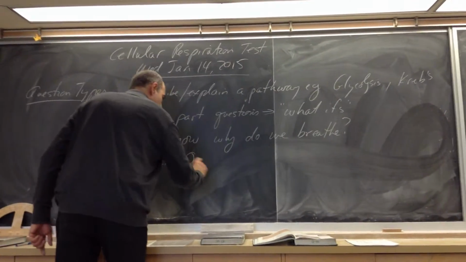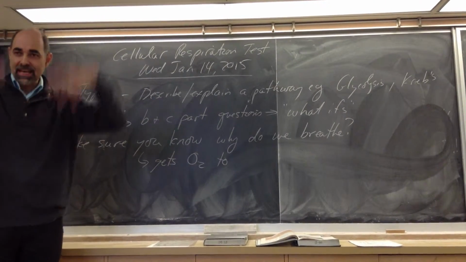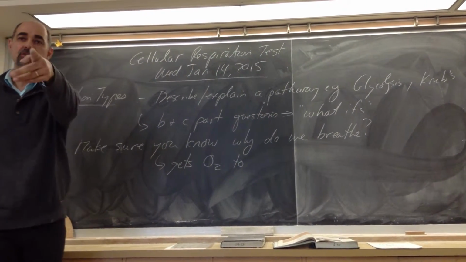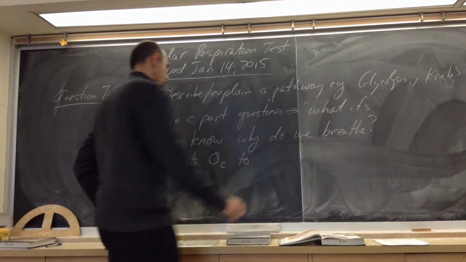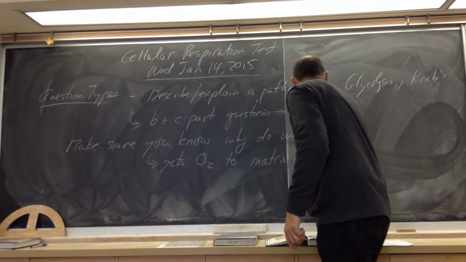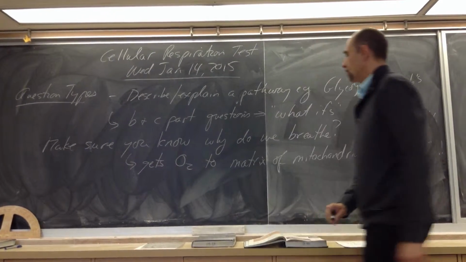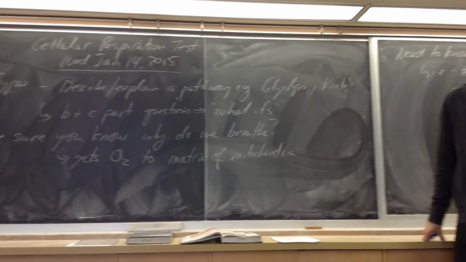Air to the lungs. The lungs are the thing to get it in and out. Where is that oxygen got to get to? Electron transport chain. Good. And specifically, it's sitting in the matrix of the mitochondria. Gets O2 to the matrix of the mitochondria. Yeah. And oxygen, what's its nickname?